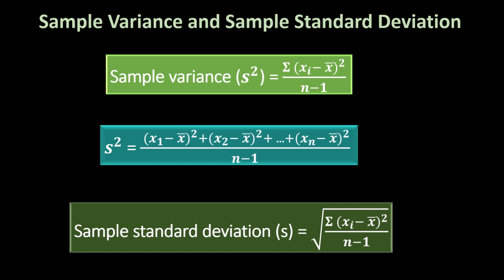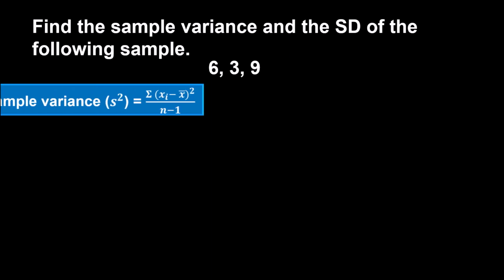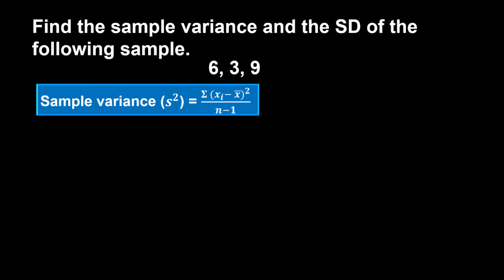Right. Now let me explain one example. Then I will explain more examples in my next videos. Find the sample variance and the standard deviation of the following sample. How many data here? 3 data. Therefore, n equals 3. 6, 3, 9. Those are the observations, right? So, sample variance is this.